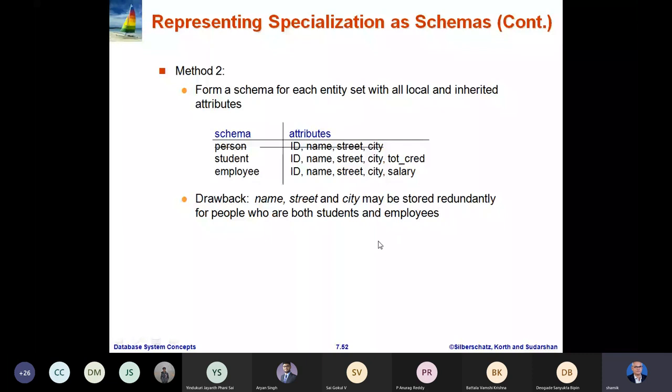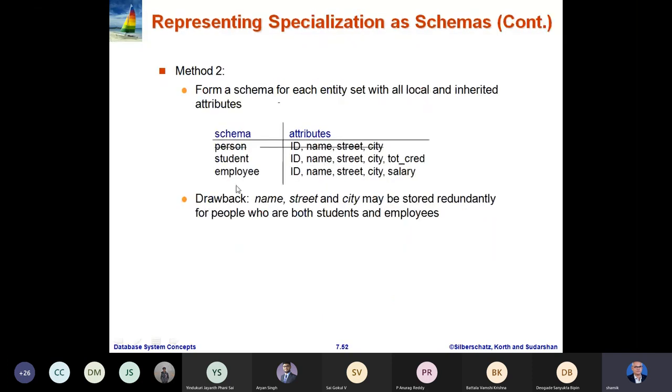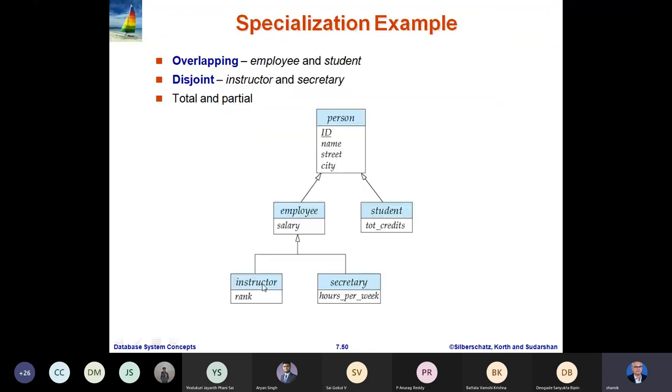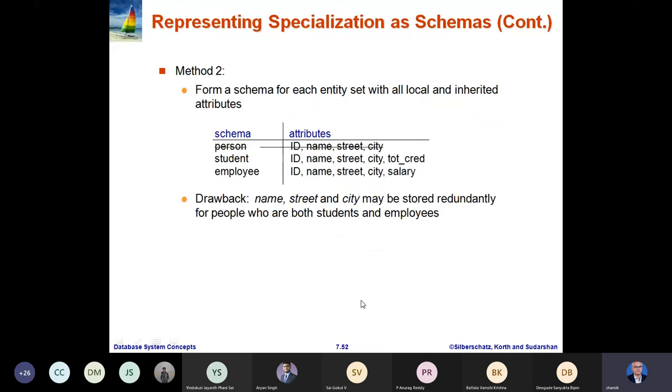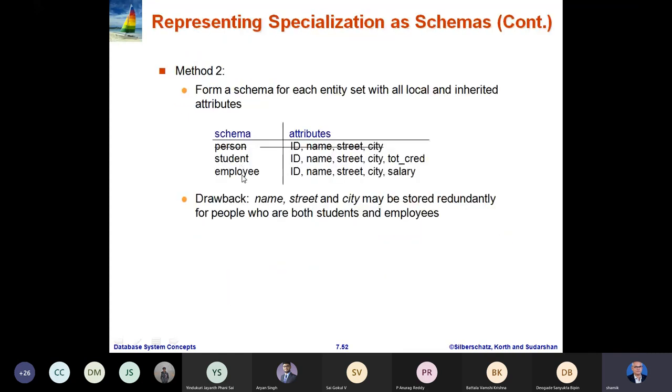What will happen is that if we want to get the list of, say, all persons, and when we had this instructor and secretary, and if we kept another table, instead of keeping this employee table, because employee again can be specialized into instructor and secretary, effectively what we'll do is that instead of keeping this employee table, we'll keep an instructor table and a secretary table, because student does not have any further specialization, the student table is fine. So instead of employee, just as we are not keeping person, we will not keep employee table also, we'll keep an instructor table and a secretary table.